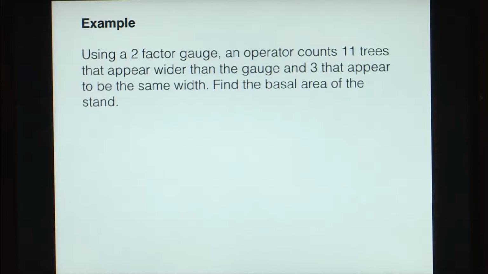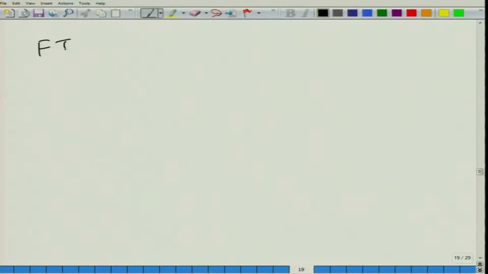So the number of full tally is 11, and 3 appear to be the same width. Trees that are the same width as the gauge are half tallies, and we are required to find the basal area of the stand. So how do we do that? We are given that the number of full tally is 11, the number of half tally is 3, and the basal area factor is equal to 2.